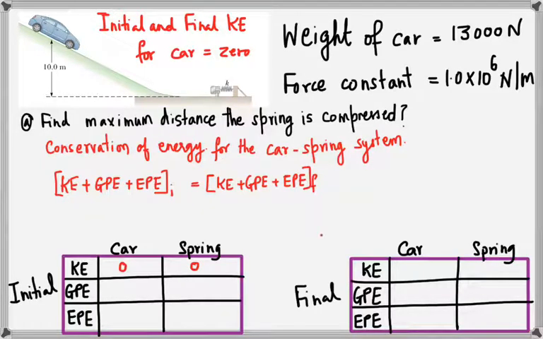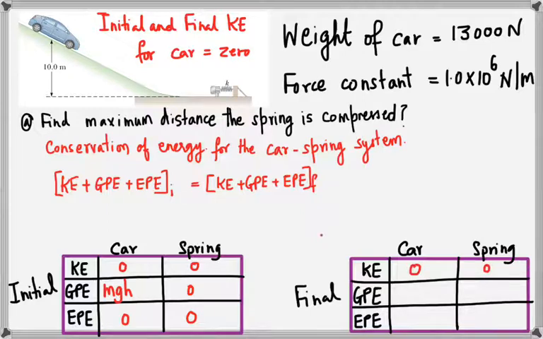Initial kinetic energy of the car is stated in the question itself, it's 0, and we know that the spring is at rest. GPE for the car, the formula will be mgh. It is at a height of 10. The spring is on the ground, so GPE is 0. Elastic potential energy for the car is 0, for the spring is 0, because the spring is neither compressed nor stretched.